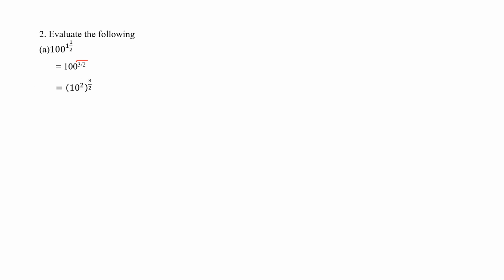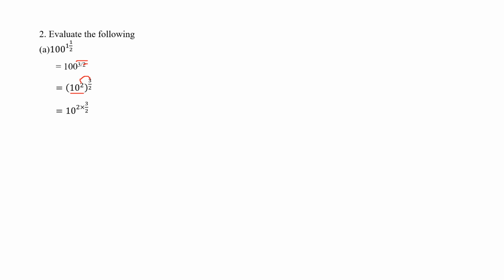we are going to express the 100 in terms of 10. So as we have 10 squared, why are we writing it like that? Our aim is to kill this 1 all over 2 right there. And then now the next step is to multiply the powers. That is, when you remove the brackets, the powers are going to multiply themselves.